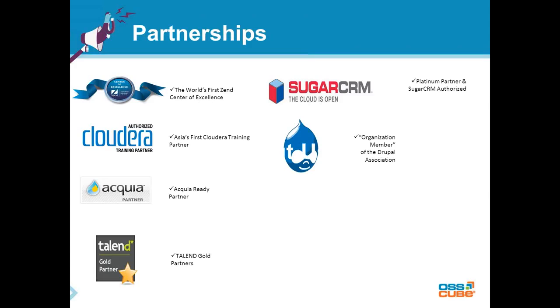We are an Eco-ready partner when it comes to ETL. We are the Talend Gold partner, and the only such partner in the entire India and Asia Pacific. For Sugar CRM, one of the leading CRMs, we are their platinum partner globally, and we are also their Sugar CRM authorized partner. We are an organization member of the Triple Association.